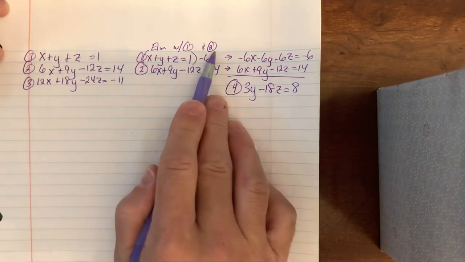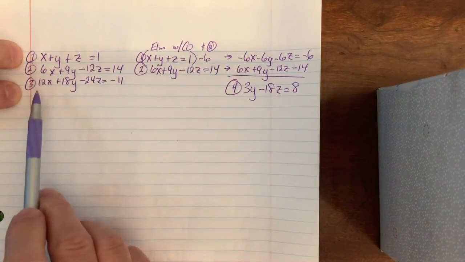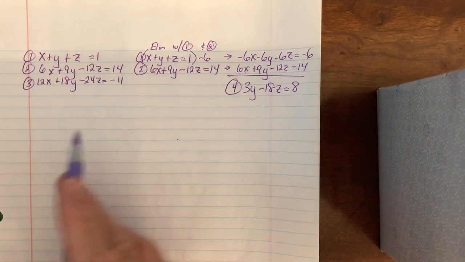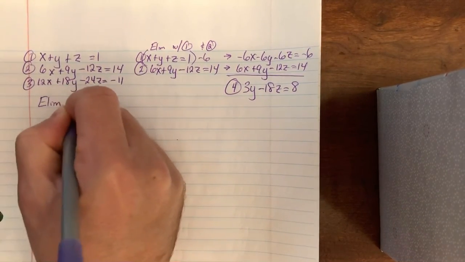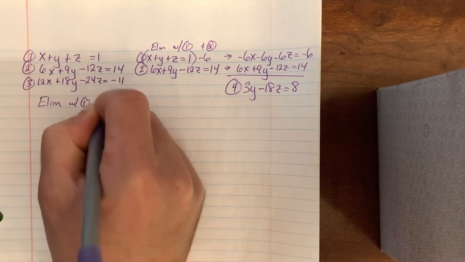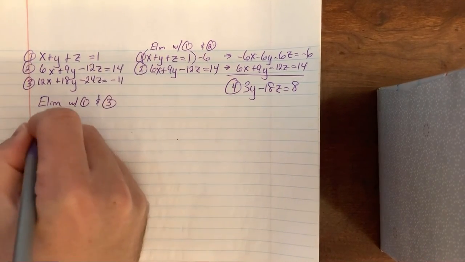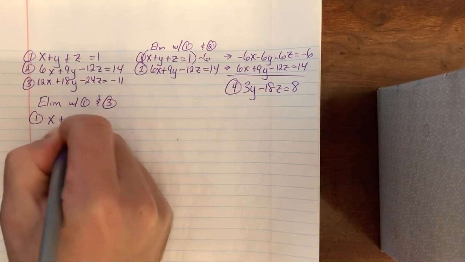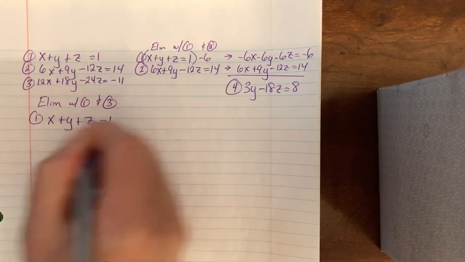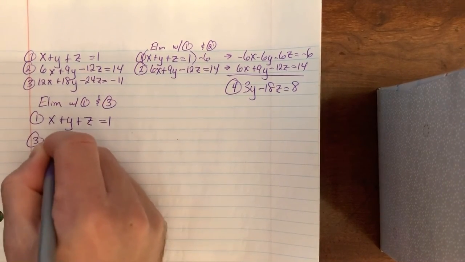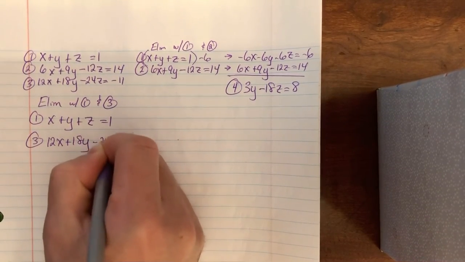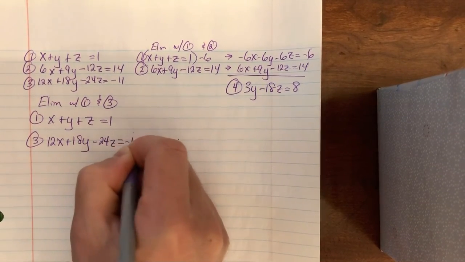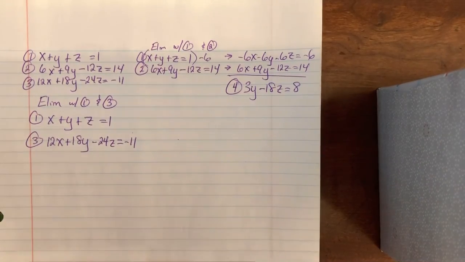So because I've already used 1 and 2, I either need to use 1 and 3 or 2 and 3. Because I see equation 1 here, I'm going to do elimination with 1 and 3. So 1 is x plus y plus z equals 1. And 3 is 12x plus 18y minus 24z equals negative 11.